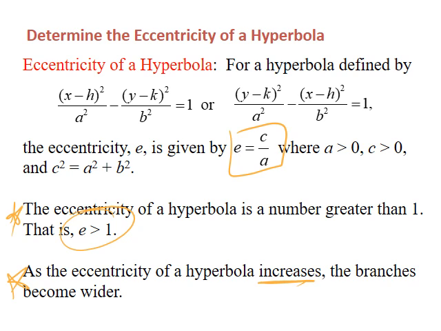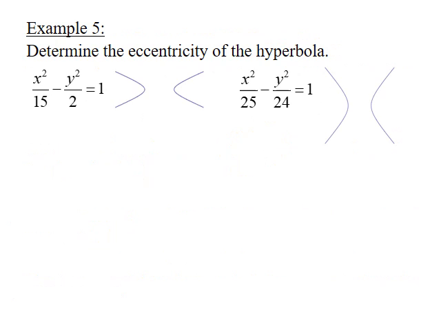Okay, the only thing to be cautious of is when dealing with the hyperbola, remember c squared is equal to a squared plus b squared. Here are 2 examples, and you can see the branches are wider here. So this eccentricity over here should be larger than the eccentricity here.